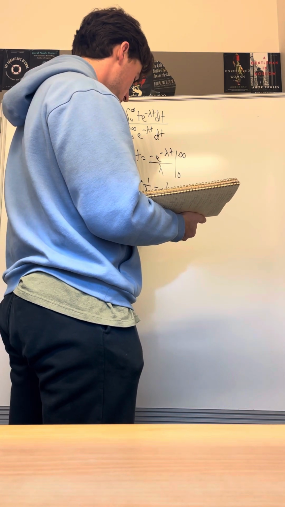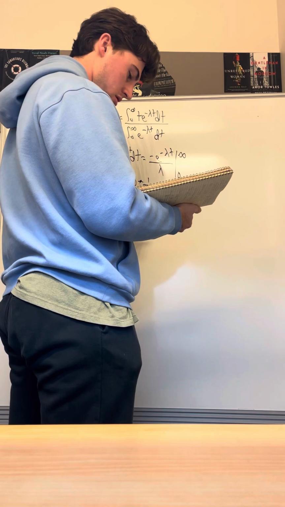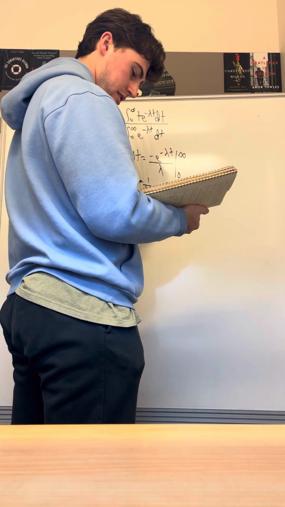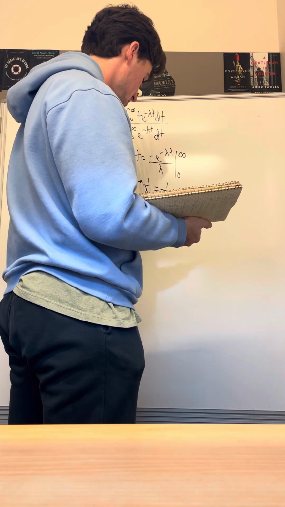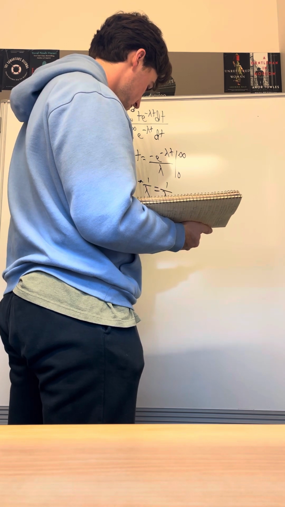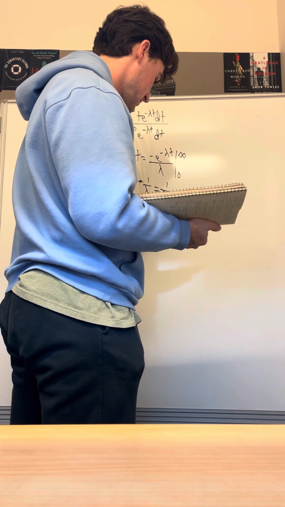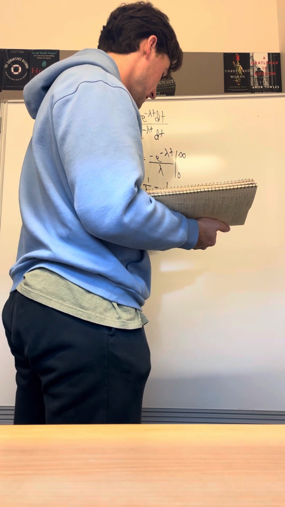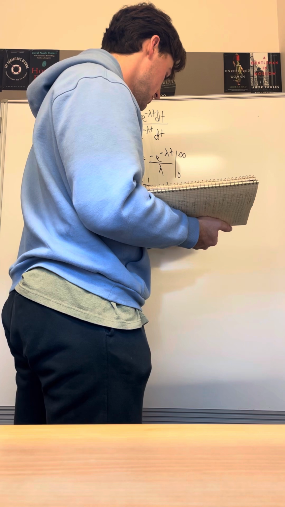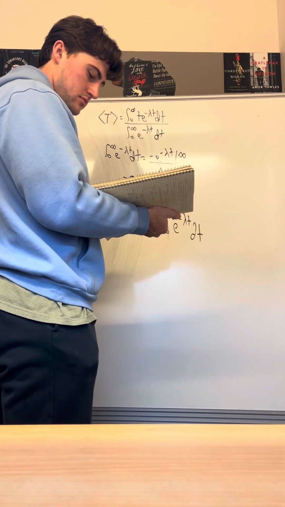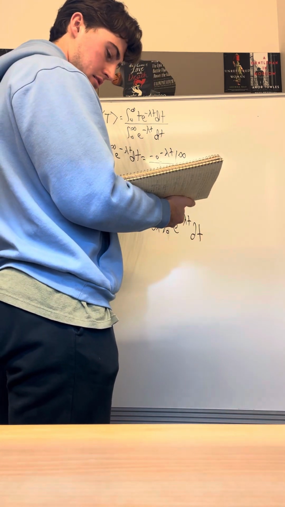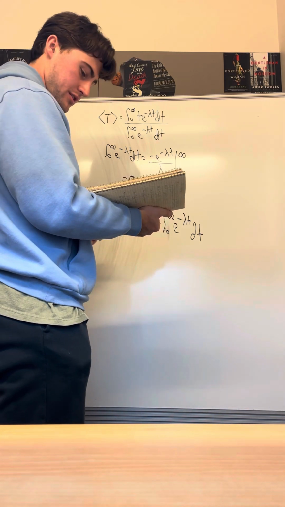By rule, we know that we can take the partial in terms of lambda and then we can just take out that t. It's x e to the negative x, so we can use that partial derivative.